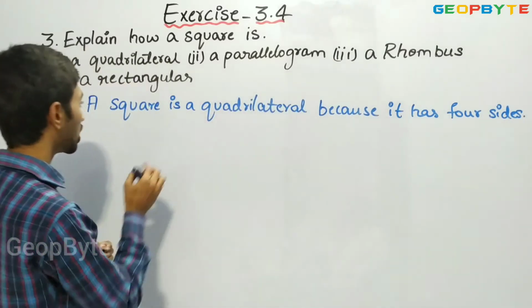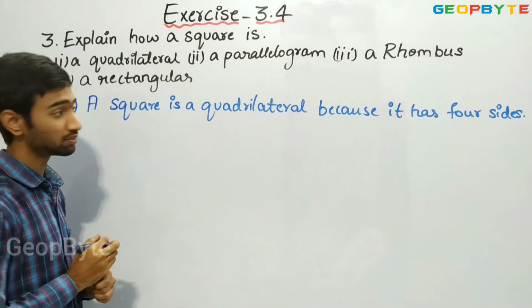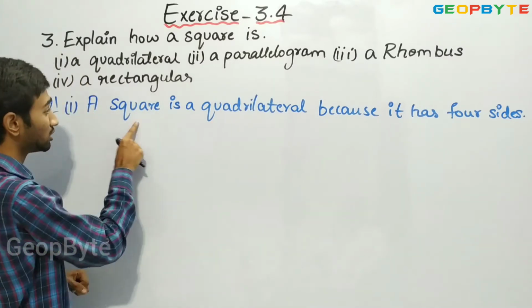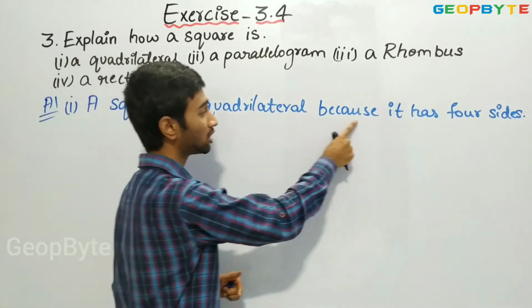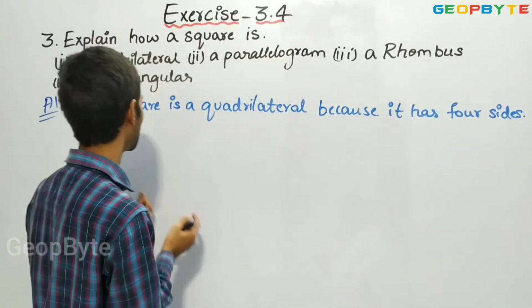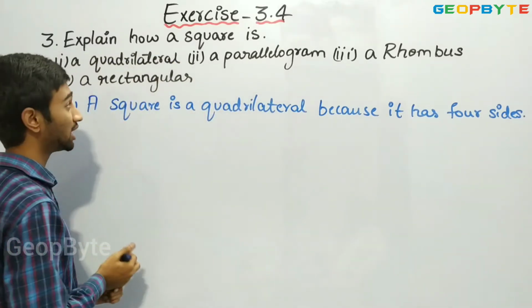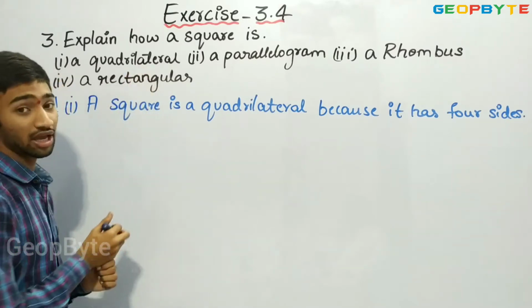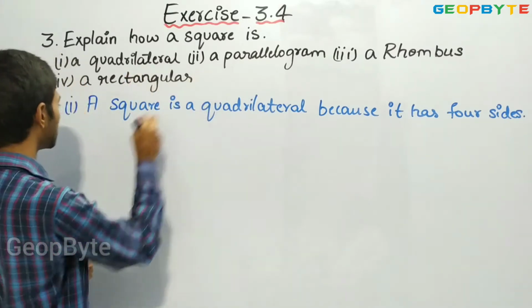So we know that quadrilateral means it should have four sides. So a square is a quadrilateral because it has four sides. So in a square we have four sides, therefore it is a quadrilateral. Now let us see the second one.